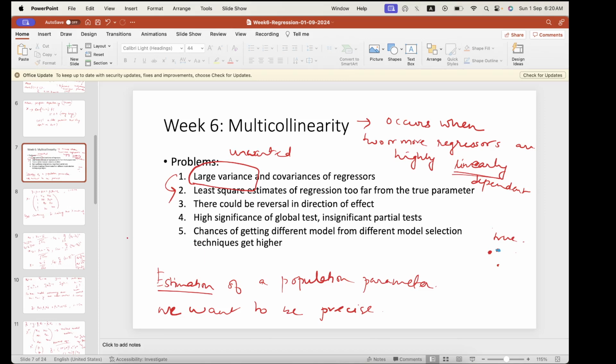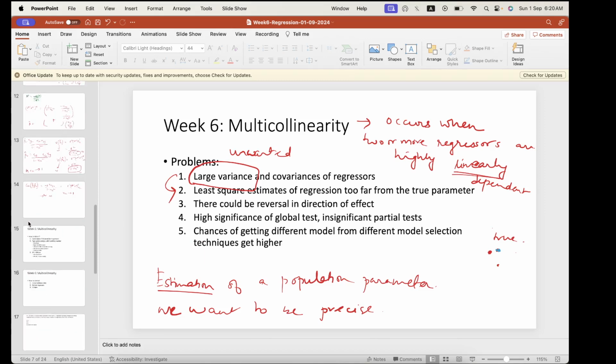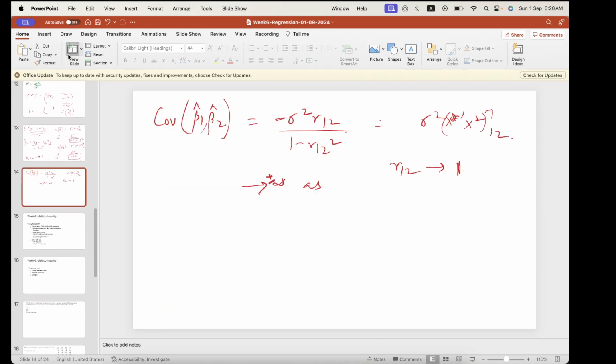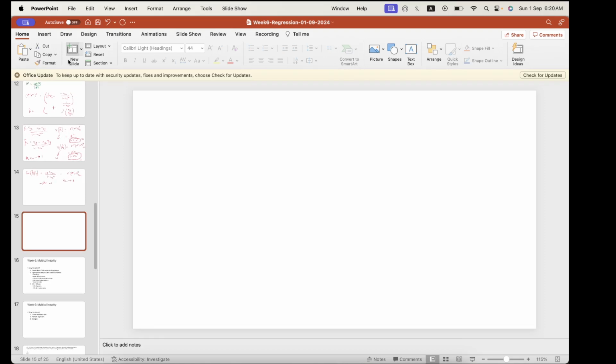Let's say we have the least square estimate as beta hat. If we have a multicollinearity problem, then beta hat is, as I said, too far from actual beta.